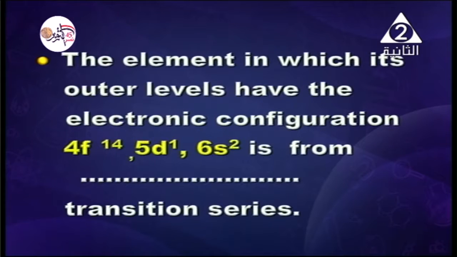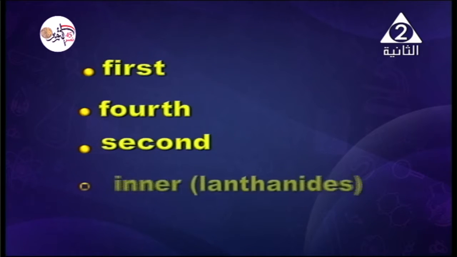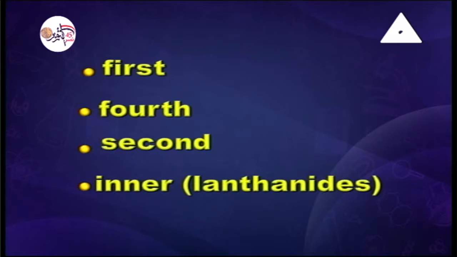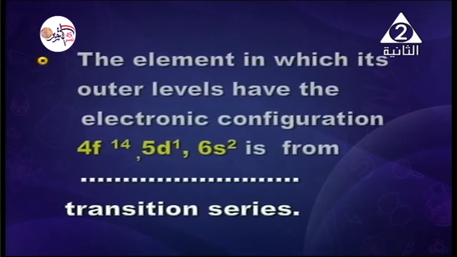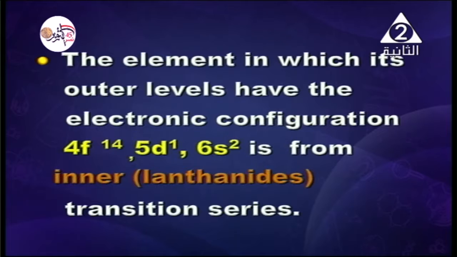Next point, the element in which its outer levels have the electronic configuration 5f14, 5d1, 6s2 is from what type of transition series? Is it first, fourth, second, inner lanthanide? Here the answer, my dear student: it is from inner lanthanides.